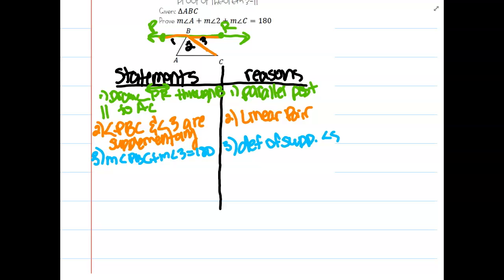So I'm going to say that the measure of angle PBC, the whole thing, is equal to the measure of angle 1 plus the measure of angle 2. So what I just said here, the measure of angle PBC equals the measure of angle 1 plus the measure of angle 2. How do I know that?